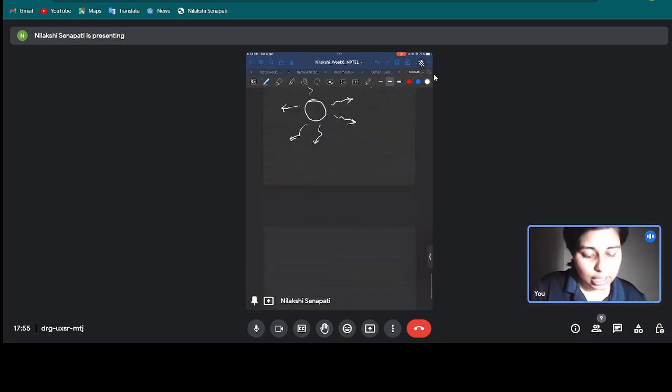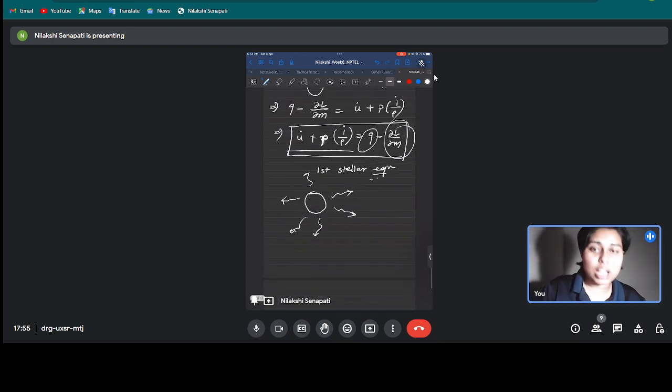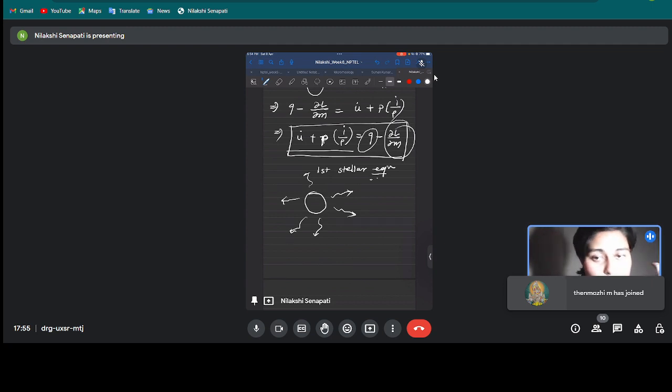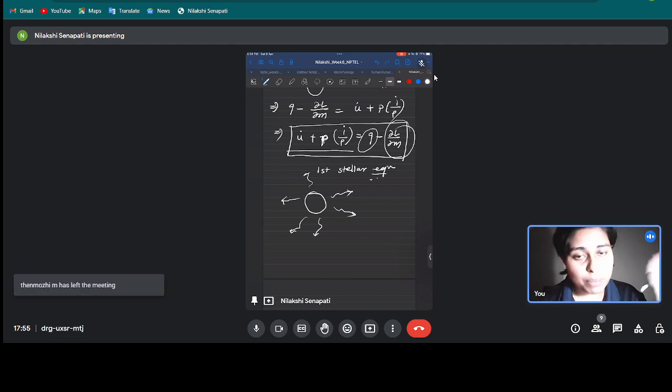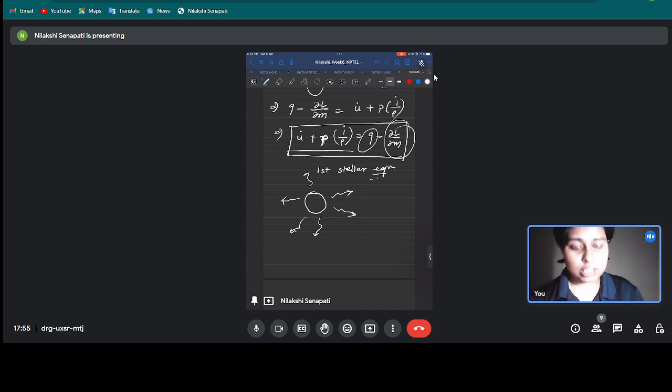So this is the stellar equation, which is nothing but energy conservation, but it is telling us about the dynamics of a star with the variation of the time and the thermodynamical parameters. So this is the first stellar equation.